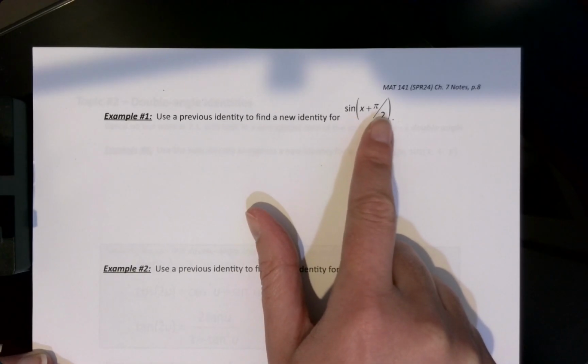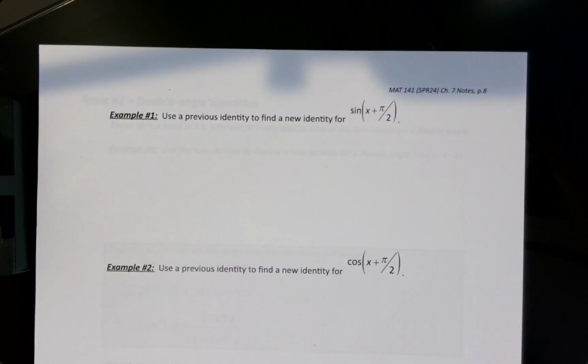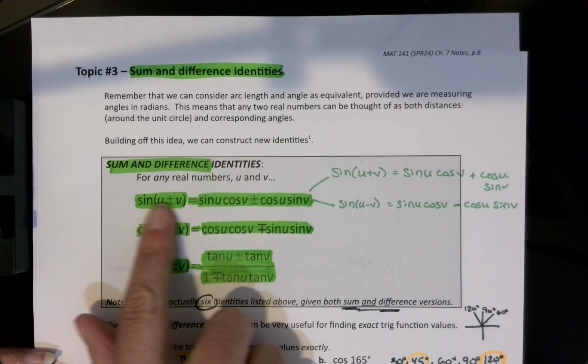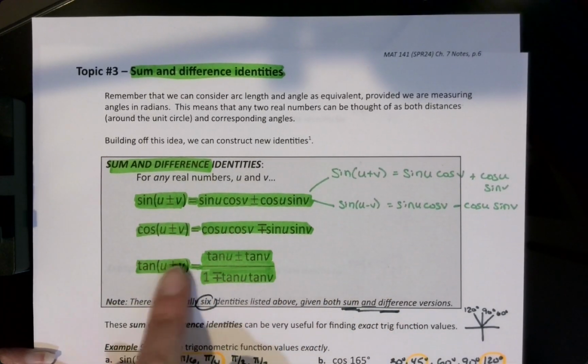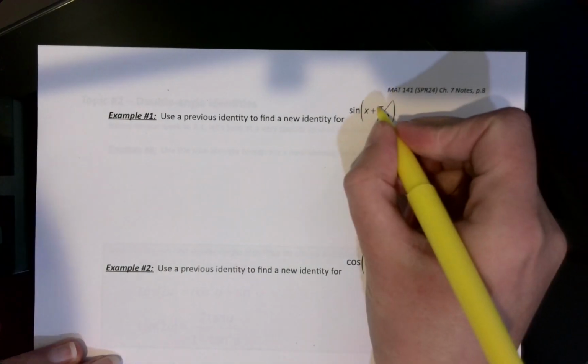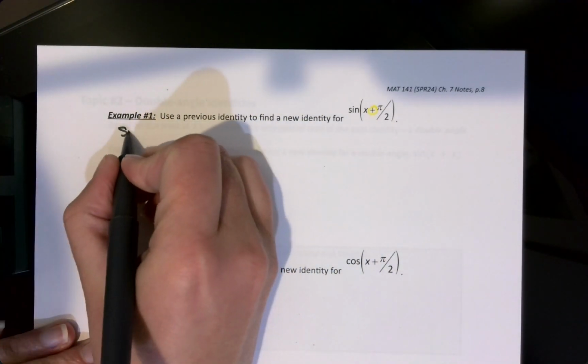But I have something that looks a little similar. Instead, though, it is an addition. And so I'm going to be able to go back to the previous section and my sum and difference identities. When I have additions like that, I'm going to be able to use these to build a new identity where one of those angles is known. So this here being an addition is going to be using the sum identity.